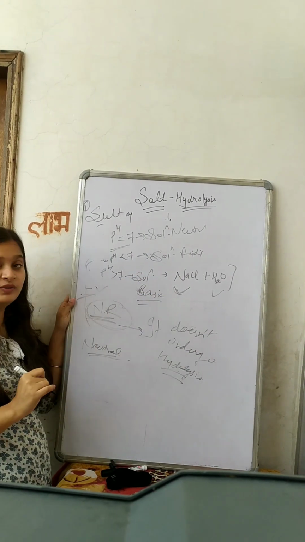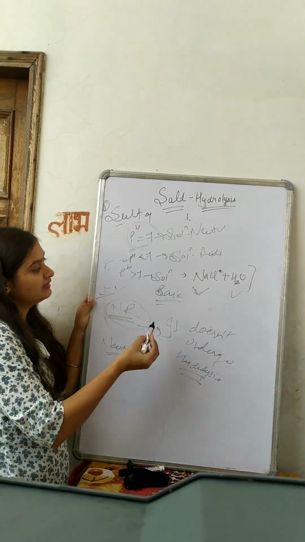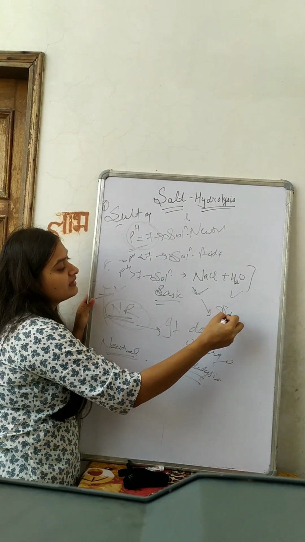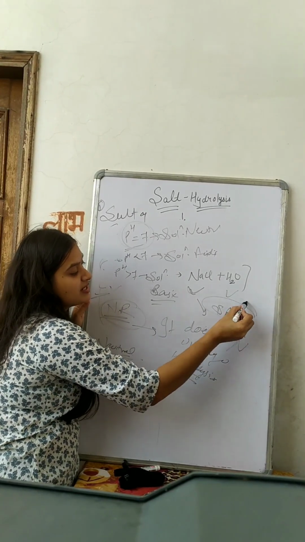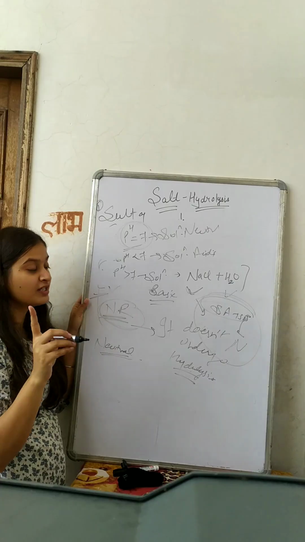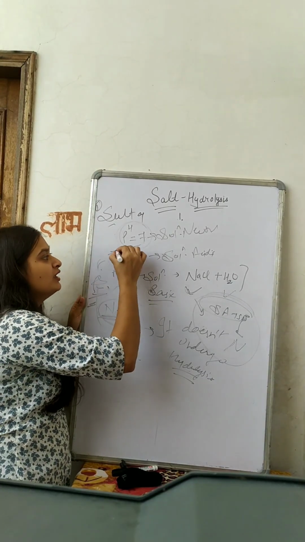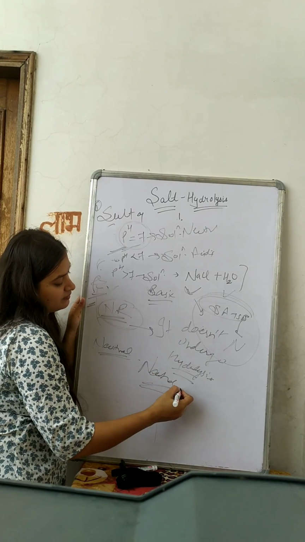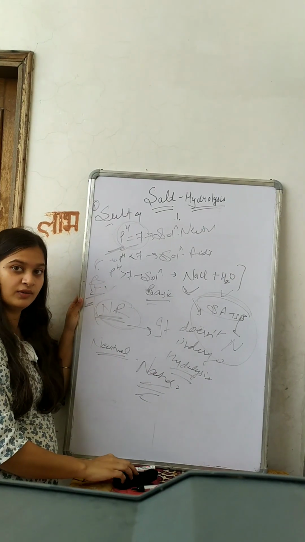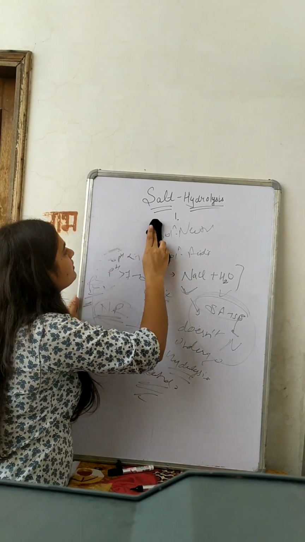So in case of a neutral solution, the pH is equal to 7. That means in case of strong acid and strong base, it forms the salt, and this reaction is the neutralization reaction. So for this reaction, the solution becomes neutral. Okay. So let's take another salt.